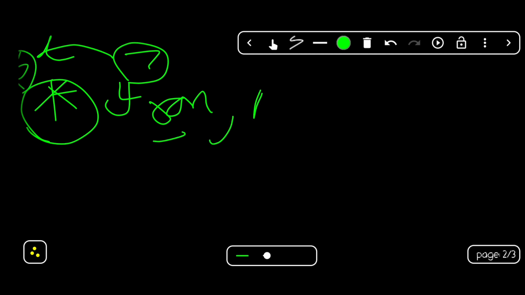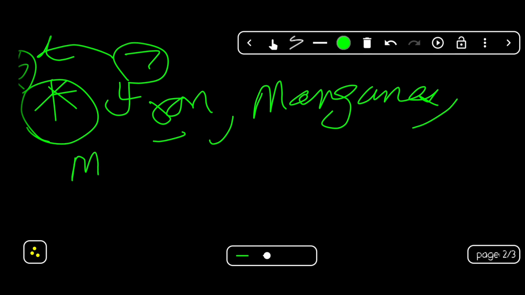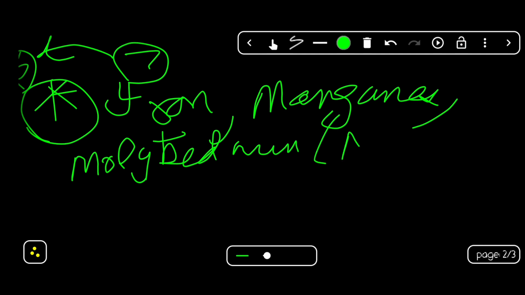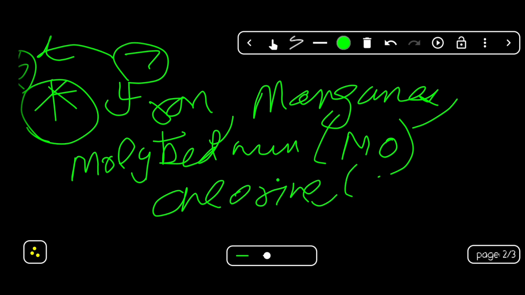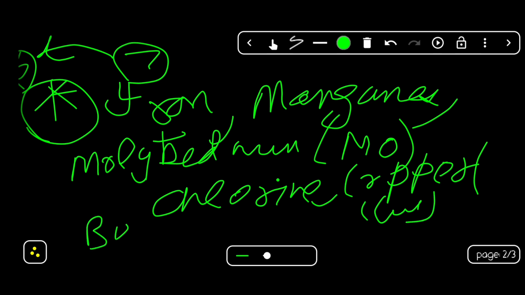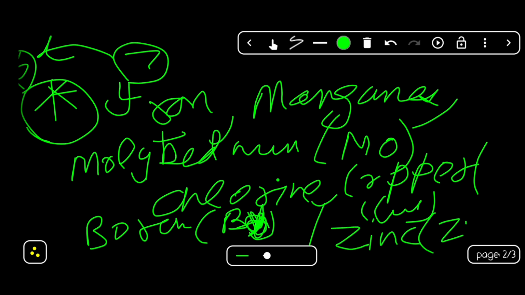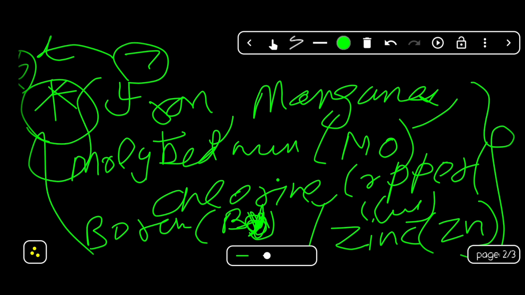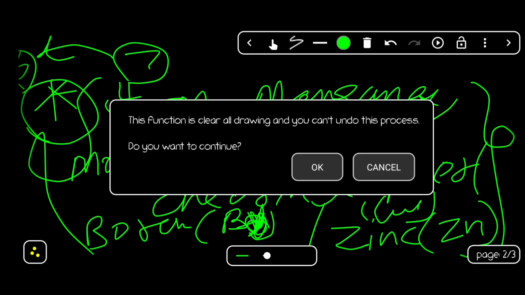They are iron, manganese, and molybdenum, which is very important, chemical symbol Mo. Then chlorine, copper, boron, B only, and zinc, Zn. You understood this? You have to memorize this.